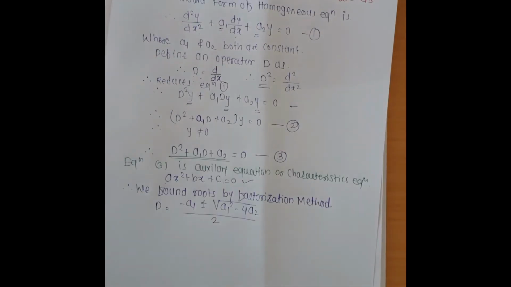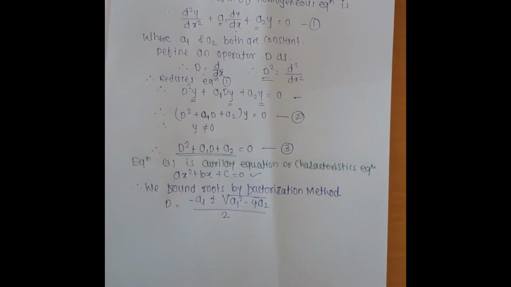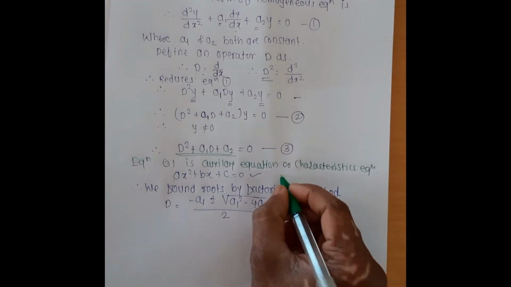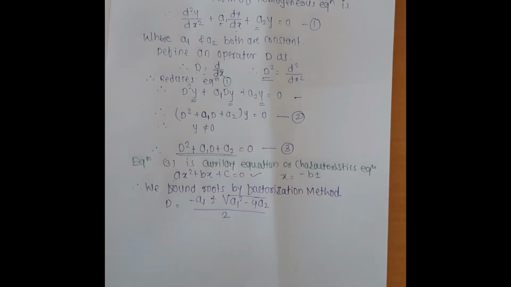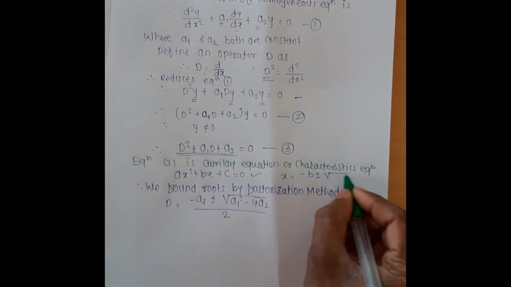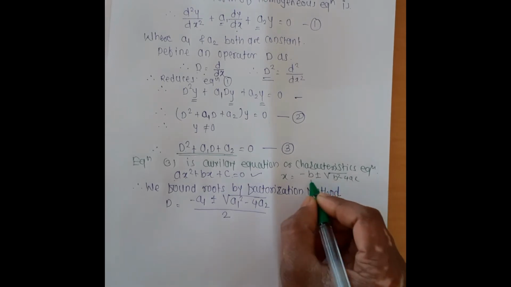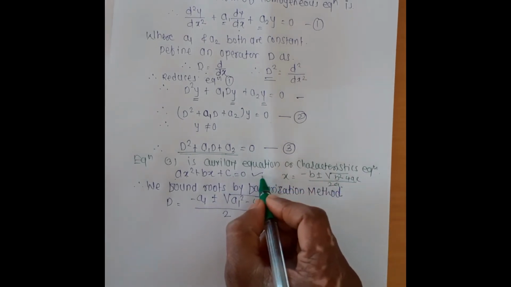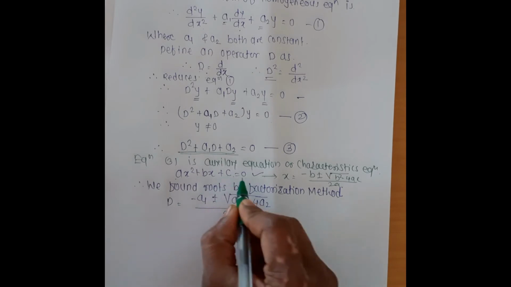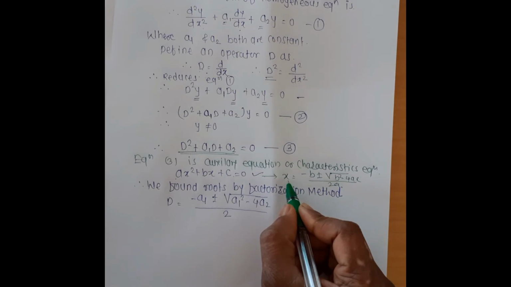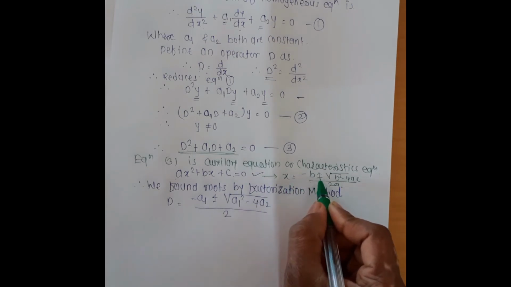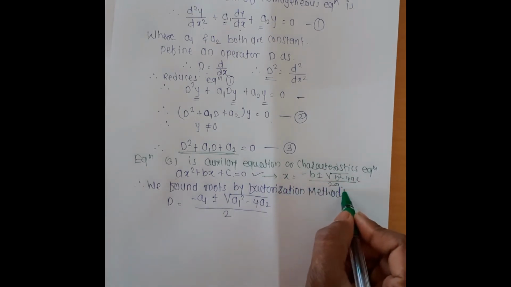Suppose these are the equations and this is the auxiliary equation, then how do we find the roots? We write x is equals to minus b plus or minus root of b square minus 4ac upon twice a.